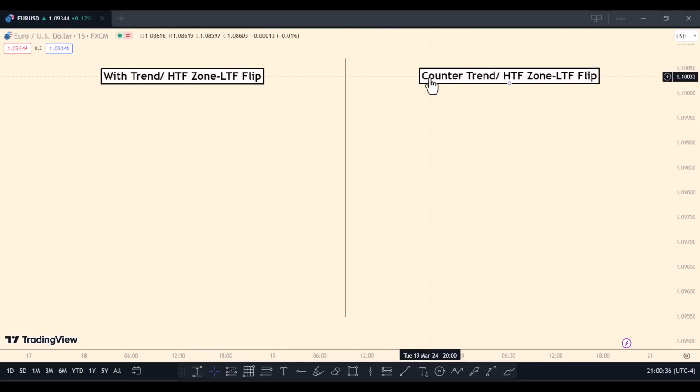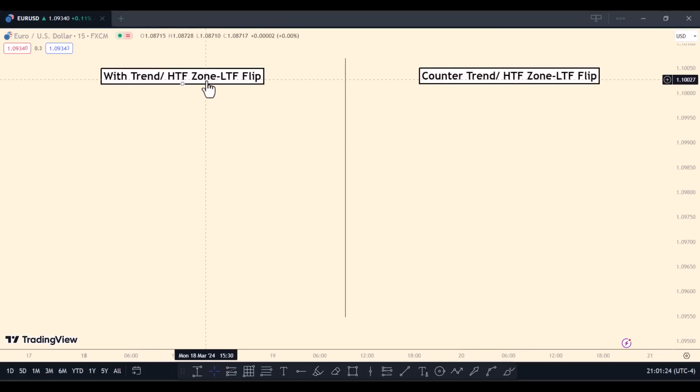The second setup is going to be a counter trend, as always, the 1 minute as our higher time frame, and the 5-second as our lower time frame and the confirmation. Now, during the day, if I get like 10 or 12 setups, 80% of my trades would be with trend, and the rest would be counter trend.